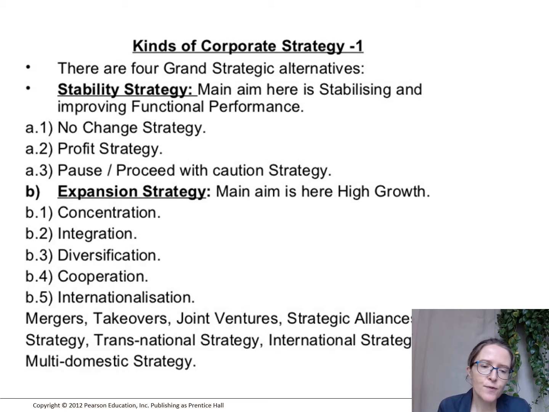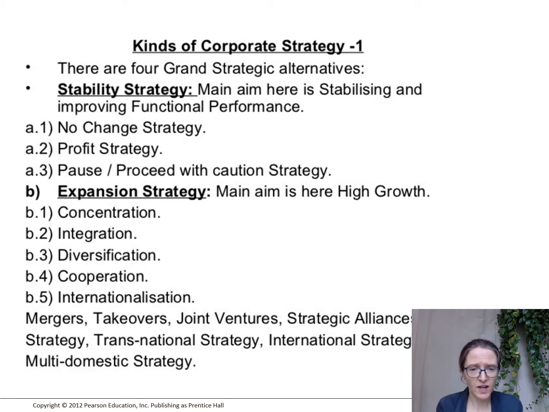So in terms of kinds of corporate strategy, there are four grand strategic alternatives. I'm going to discuss those here in more detail. First of all, we have what we call stability strategy. The main aim here for organisations is to stabilise and improve functional performance. The ways of doing that are through a profit strategy, a pause or proceed with caution strategy, or a no change strategy.